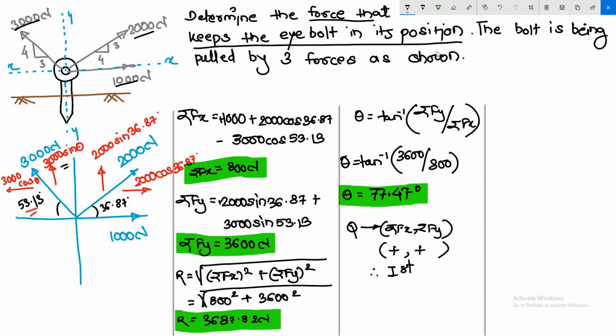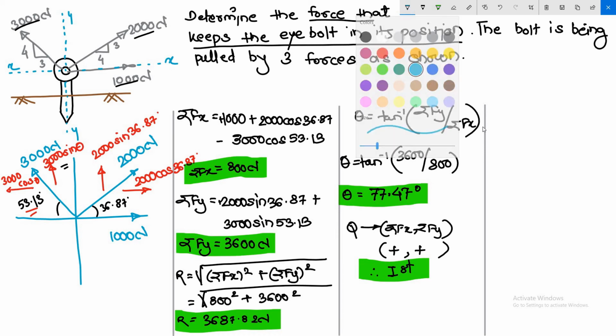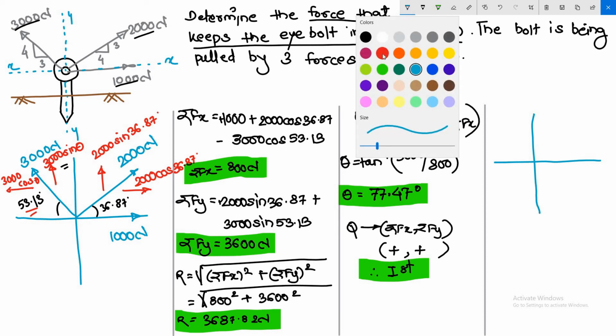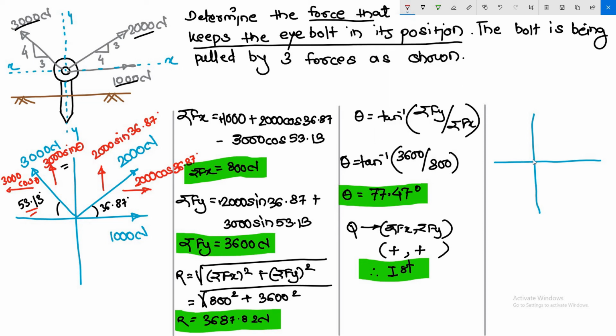Thereby, we have all the necessary parameters to show the resultant's position in the xy axis system. Let's say this is the x-axis, then the y-axis, and we have our resultant like this. See, first quadrant, let's draw a force, name it R, with the inclination theta.